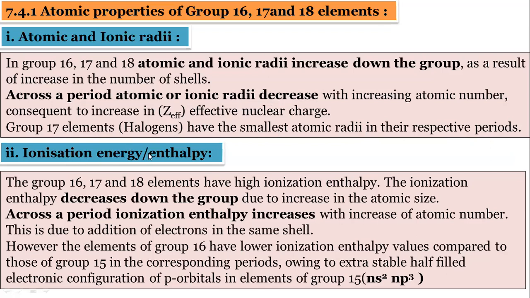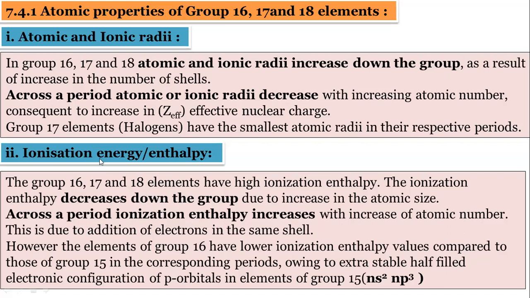Now I am coming to the ionization energy. This I also explained. Ionization energy means the amount of energy required to remove the most loosely bound electron. As atomic number increases down the group, ionization energy decreases, the opposite. And across the period, ionization energy increases because electrons are coming closer to the nucleus.